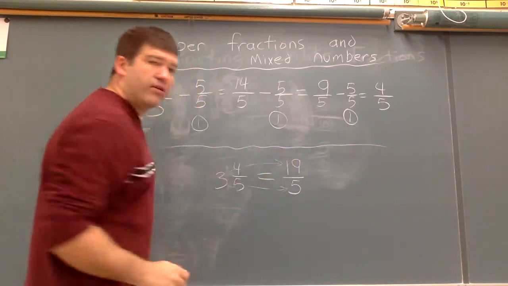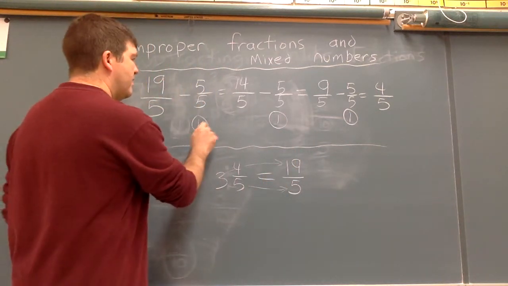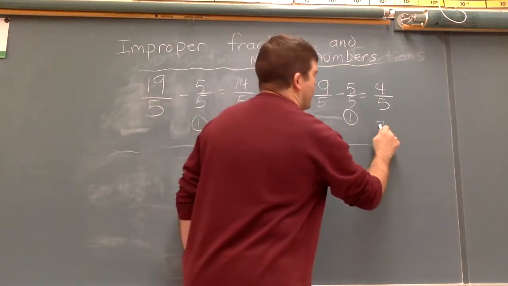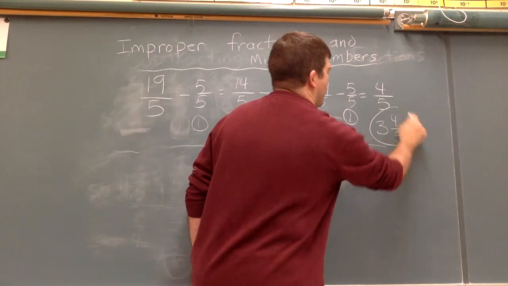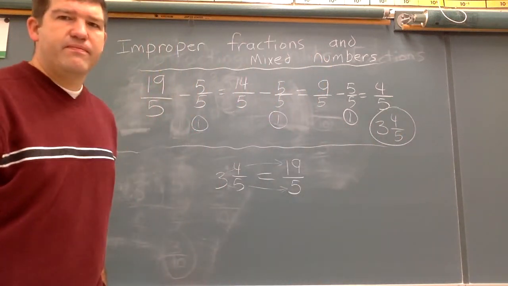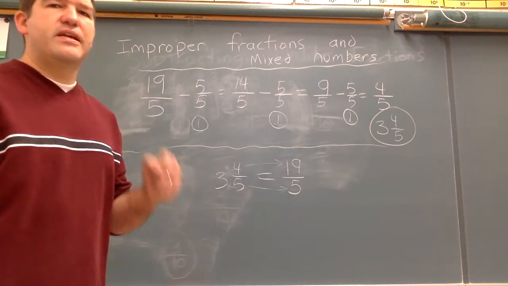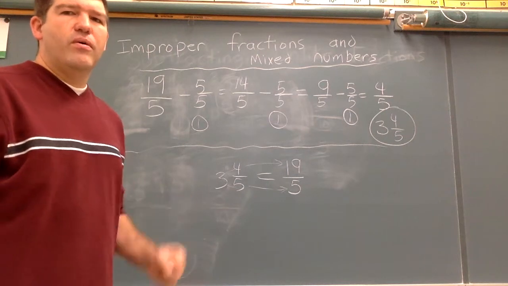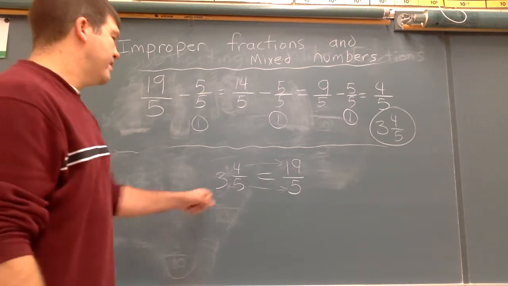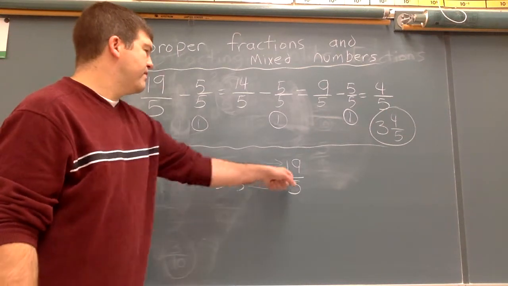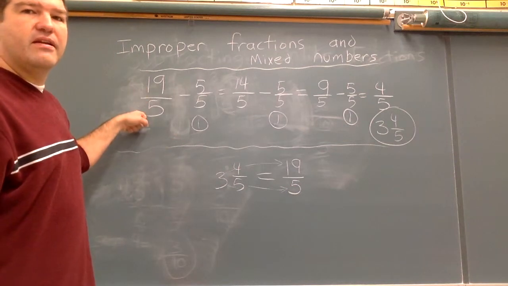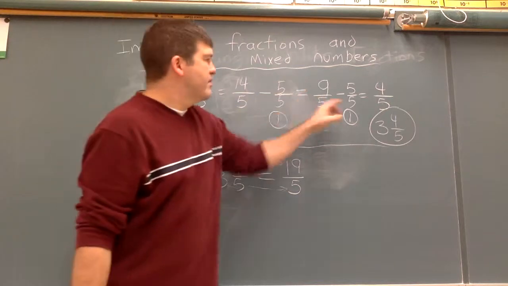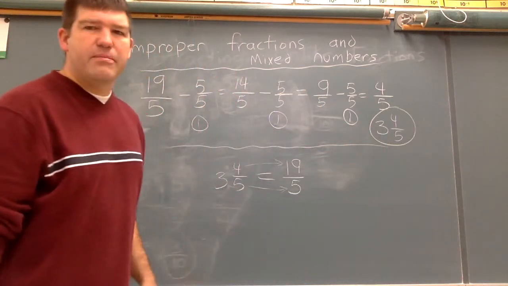So I got to add up all the wholes that I took away. 1, 2, 3, and then here's my part. 3 4/5. Okay, that's the method where you keep taking the whole numbers away to get your mixed number. And you can see that 3 4/5 is 19/5. And I did it here, 19/5. Taking away the wholes gets me to my mixed number.